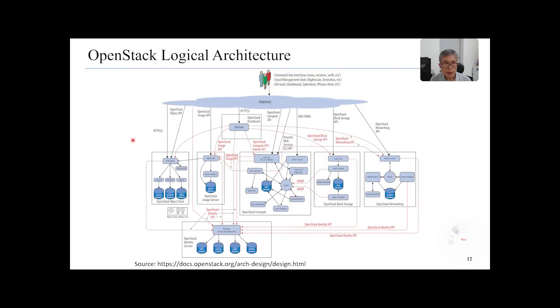This figure shows a logical architecture, where we have OpenStack users using the GUI dashboard. And then you can see many OpenStack components are interconnected. This is OpenStack Swift object storage, with containers, account database, and object database.